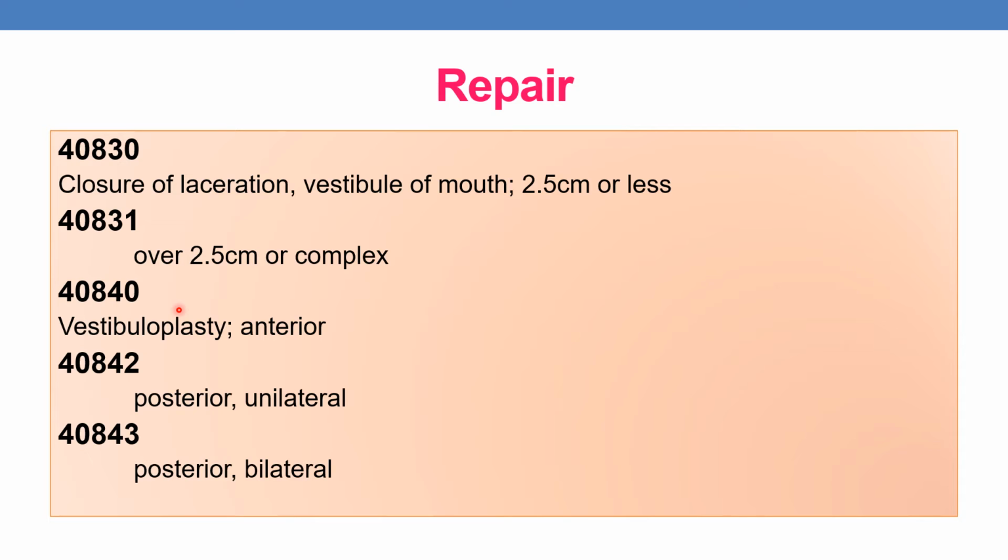Next, coming to vestibuloplasty. The first CPT is 40840. It deals with vestibuloplasty anterior. And for vestibuloplasty posterior unilateral, the procedure is 40842. And for vestibuloplasty posterior bilateral, the CPT is 40843.